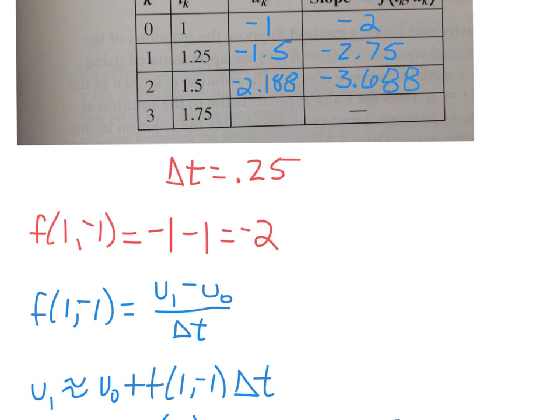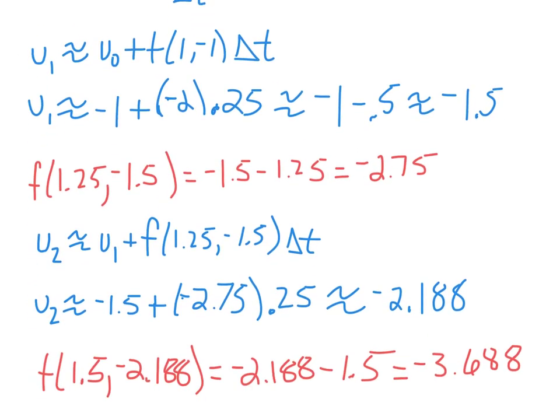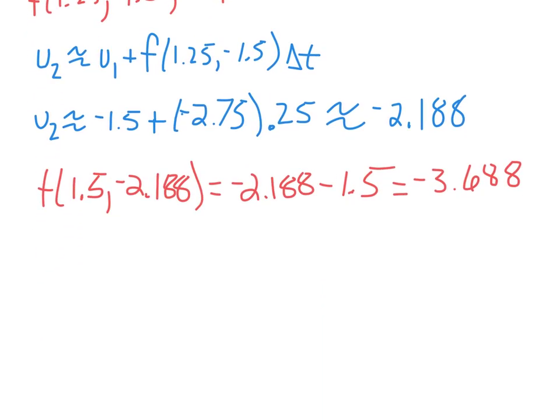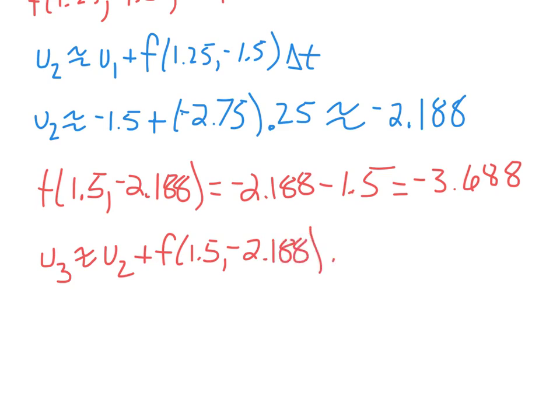And now we can do the final approximation. Again we're using the previous approximation and adding the slope, multiplying that by our time step. Our previous one was negative 2.188.